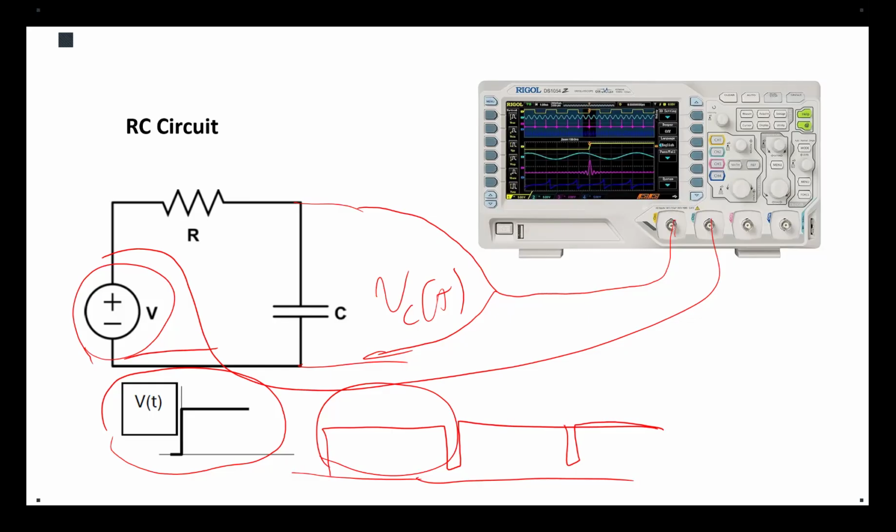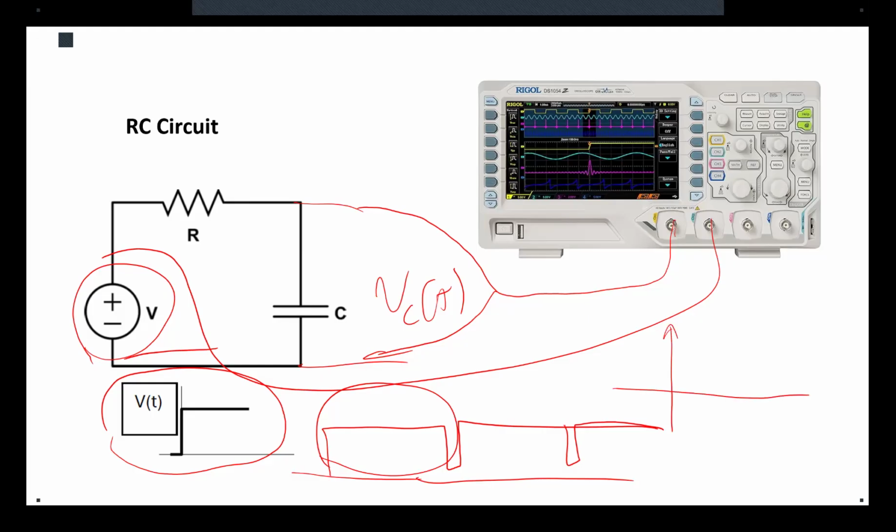And when you have your pulses, let's say this is the pulse that we have, and this is the response that we are going to get. We need to first measure the tau.